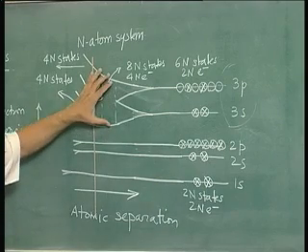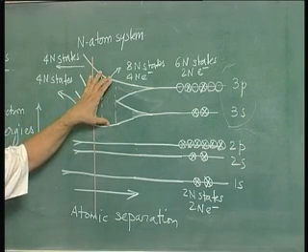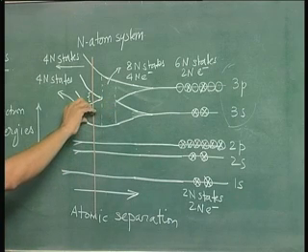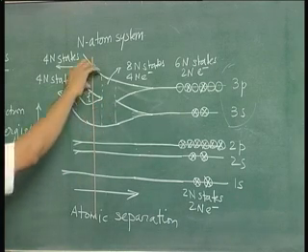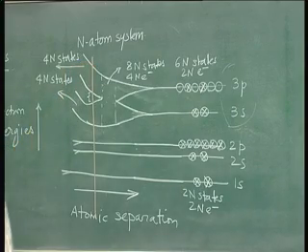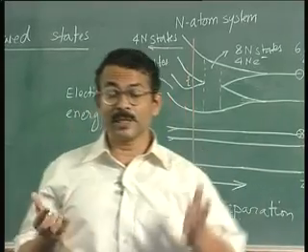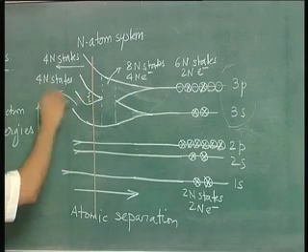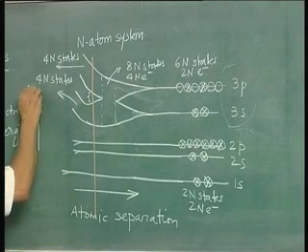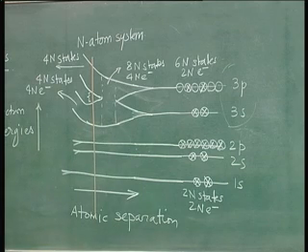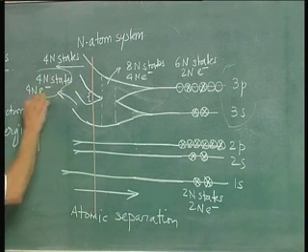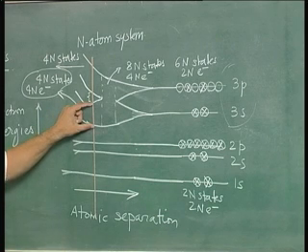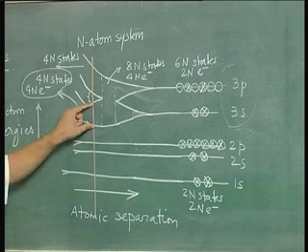But the total number of electrons we know is 4n in these 8n states. So all the 4n electrons will occupy the lower energies available. So the upper band will be empty at T equal to 0 K if there is no energy provided to the electrons. Here you have 4n states and 4n electrons.